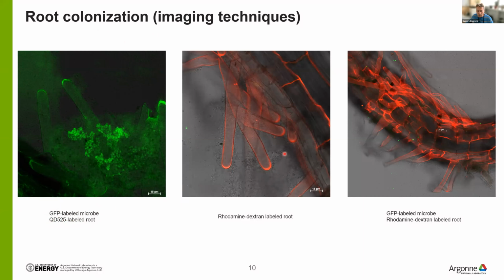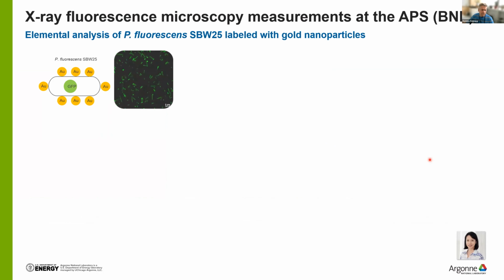You can also use quantum dots or rhodamine dextran. You can see uptake of dextran in this case, as well as you can now multiplex and see microbes interacting with that plant root.